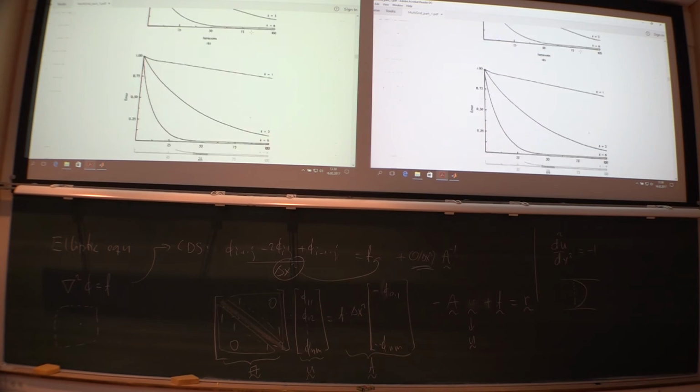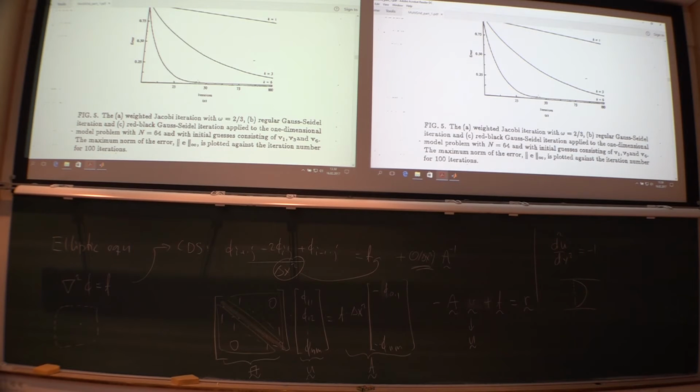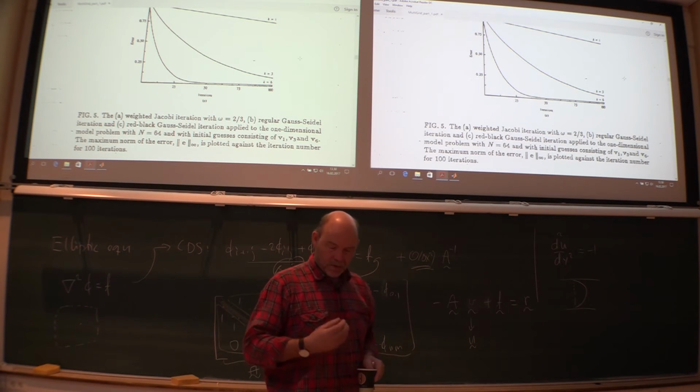So I think A, B, and C. The first one was Jacobi, omega 2/3, smaller than 1. Part B, that was Gauss-Seidel with the same omega. And the last one, that's called red-black Gauss-Seidel iteration. You take first the even points, and then afterwards you take the odd points.